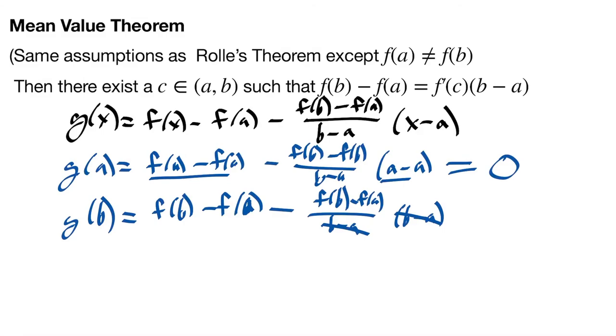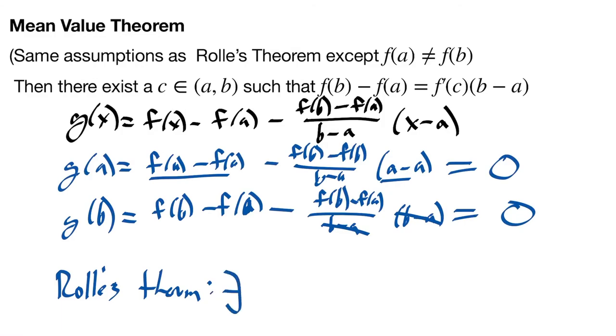And then we've got f of b minus f of a minus f of b minus f of a, so that ends up being 0 also. So Rolle's theorem says that there must exist a c such that g prime of c equals 0.